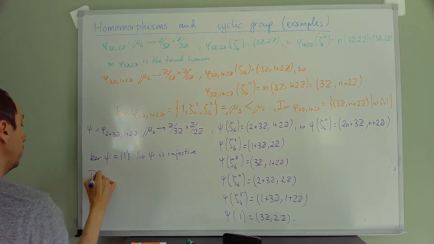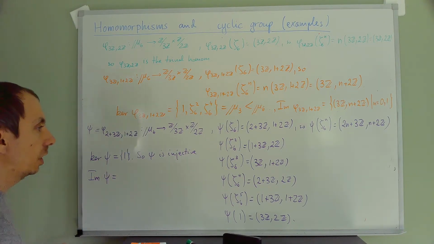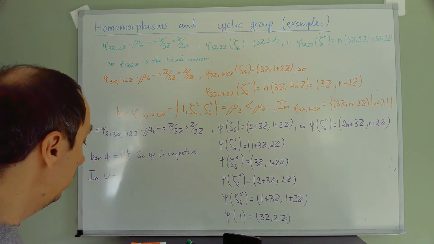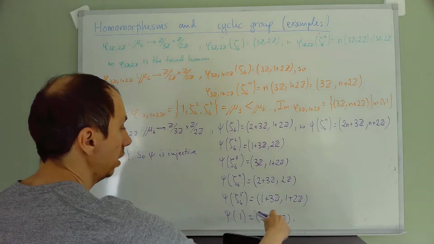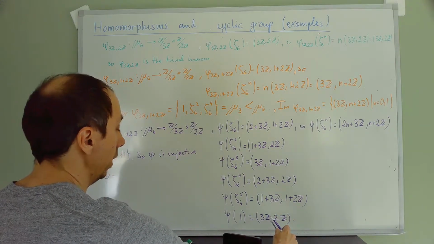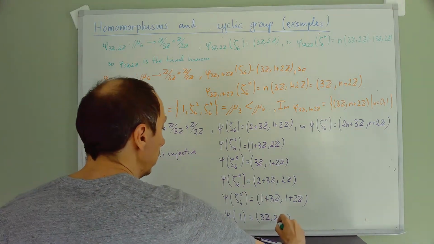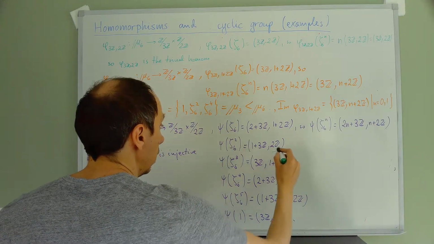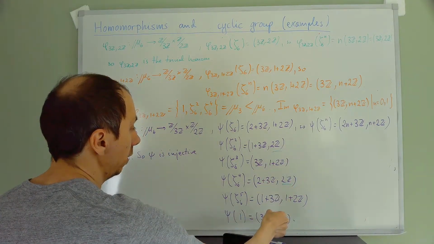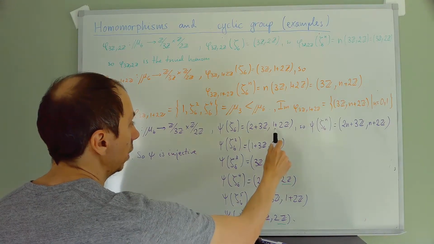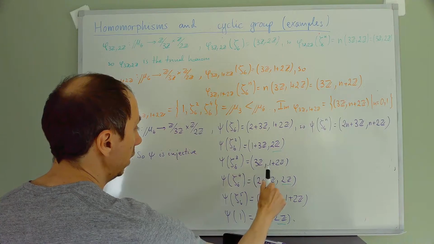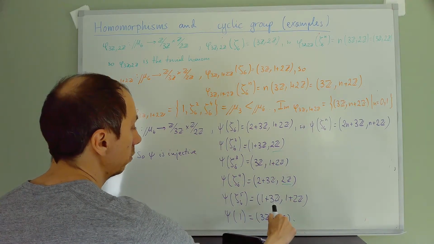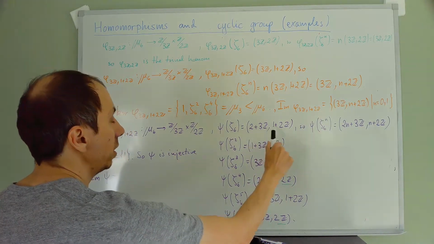And what's the image of psi? Which elements do I get? I think I get everything, right? Here's the identity, then everything with 2z on the second component: 1 plus 3z, 2 plus 3z, 3z. And then everything with 1 plus 2z on the second component: 3z, 1 plus 2z; 1 plus 3z, 1 plus 2z; 2 plus 3z, 1 plus 2z.